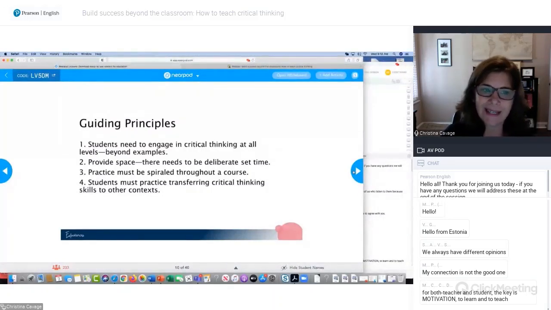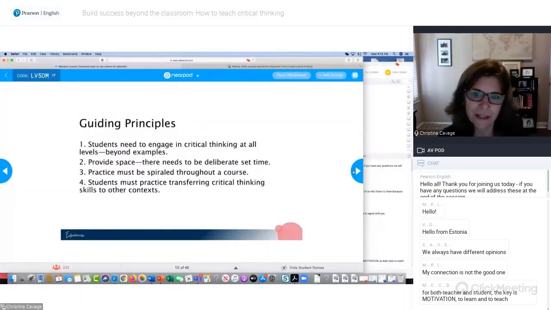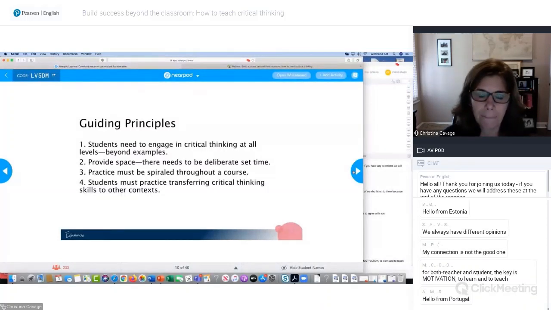And what do I mean beyond examples? In the beginning, it's great to give some sentence framers, but after that, I want students to be able to develop that language. That's part of our linguistic competency, right? So I'm building the linguistic competency along with my critical thinking.